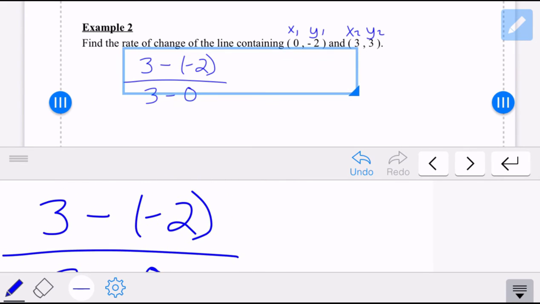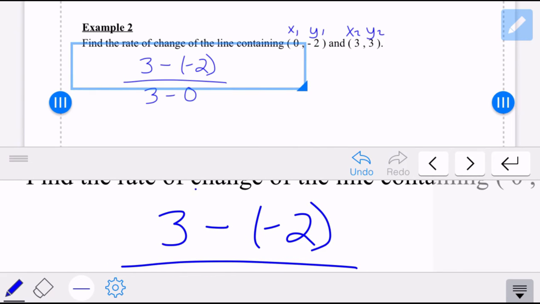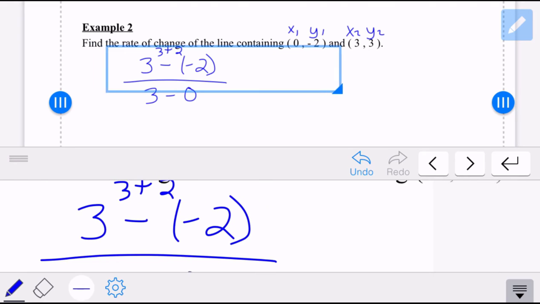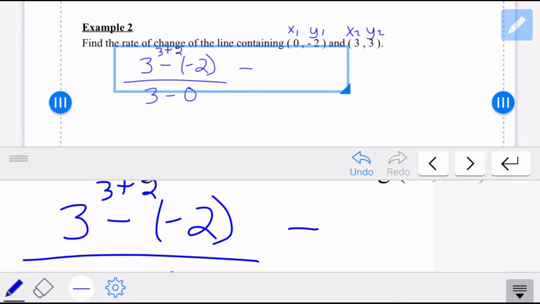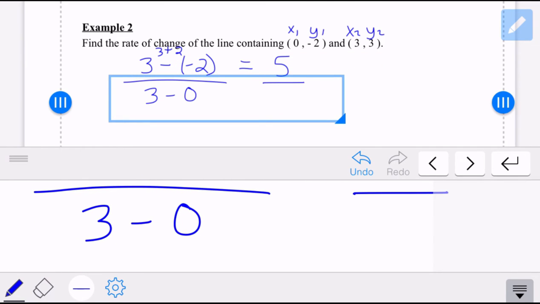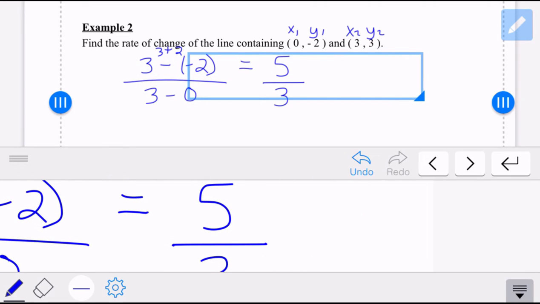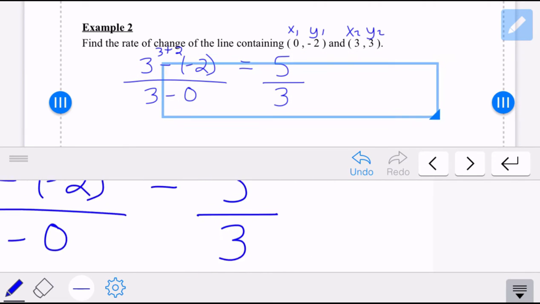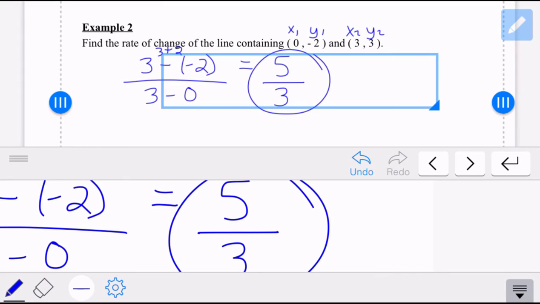All right, now we've got to simplify. So 3 minus negative 2, remember that would be a plus. If you subtract a negative, that's like adding a positive. So 3 plus 2, that's going to give us 5. And then 3 minus 0 is just 3. So 5 over 3, or 5/3, you can just leave it like that. You don't have to worry about getting it into a decimal or doing a mixed fraction. Just leave it. 5 over 3 is good.